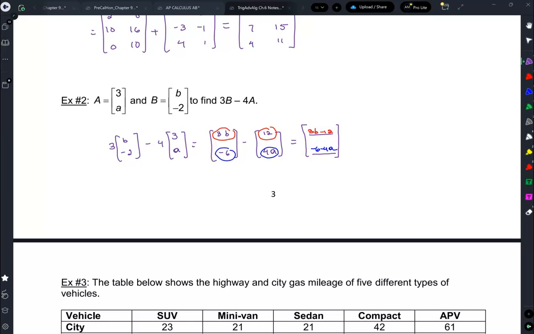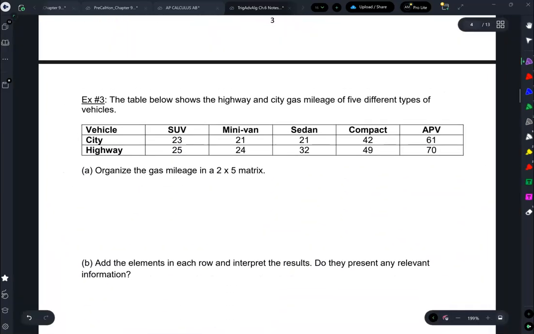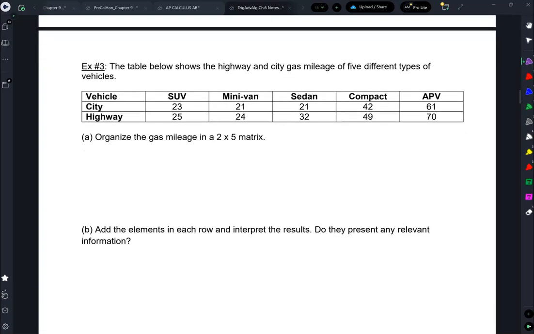All right. So on the next page is an application. One very simple example. This table shows the highway and city gas mileage, the MPGs, of 5 different types of vehicles. So you've got SUV, minivan, sedan, compact, and an all-purpose vehicle. And we've got the city miles.